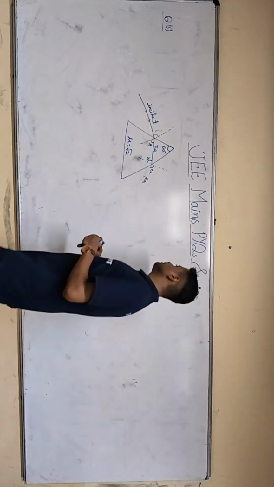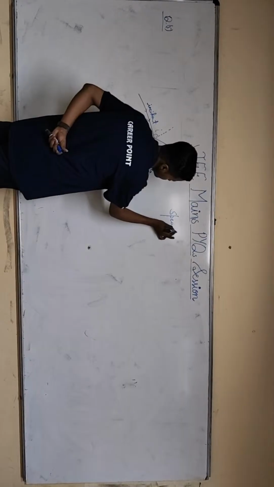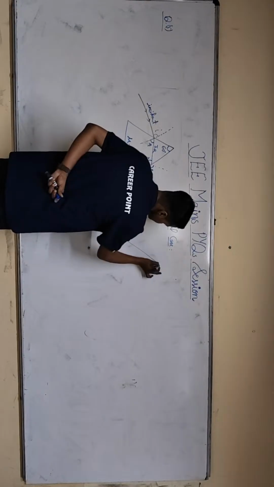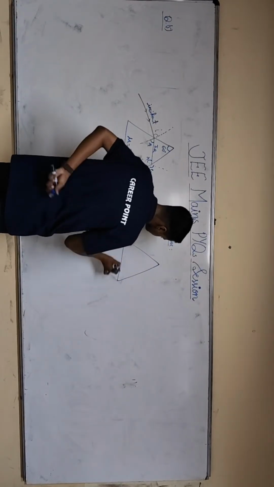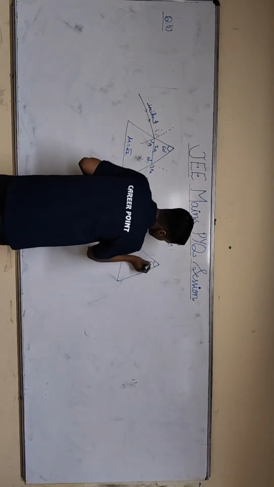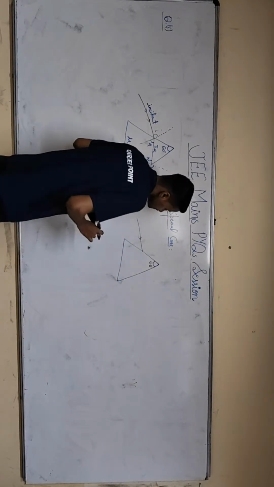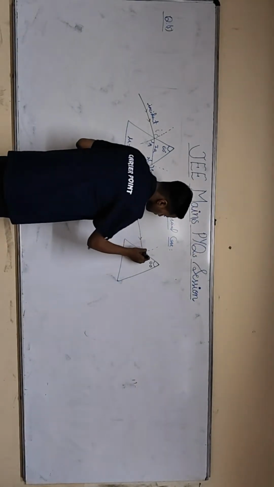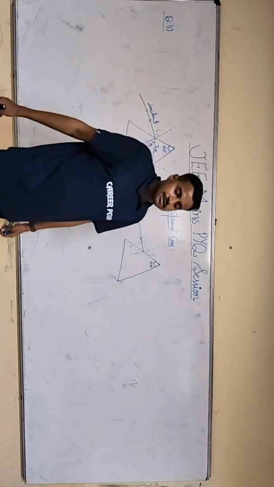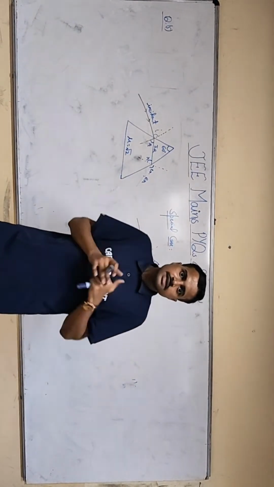But minimum deviation is a very special case. In the minimum deviation case, take the prism again; the angle of prism is 60 degrees. A ray of light strikes on it, and this is the normal. In minimum deviation, the light deviates by the minimum amount.